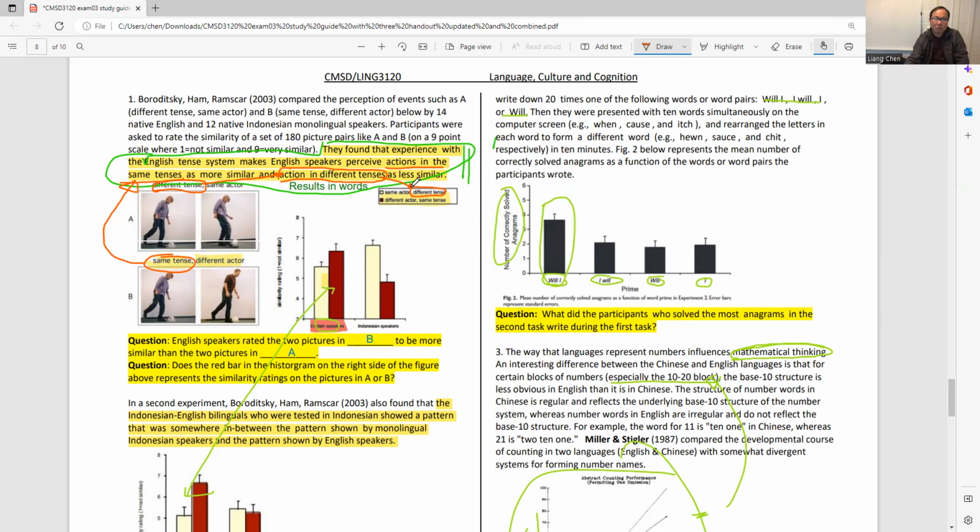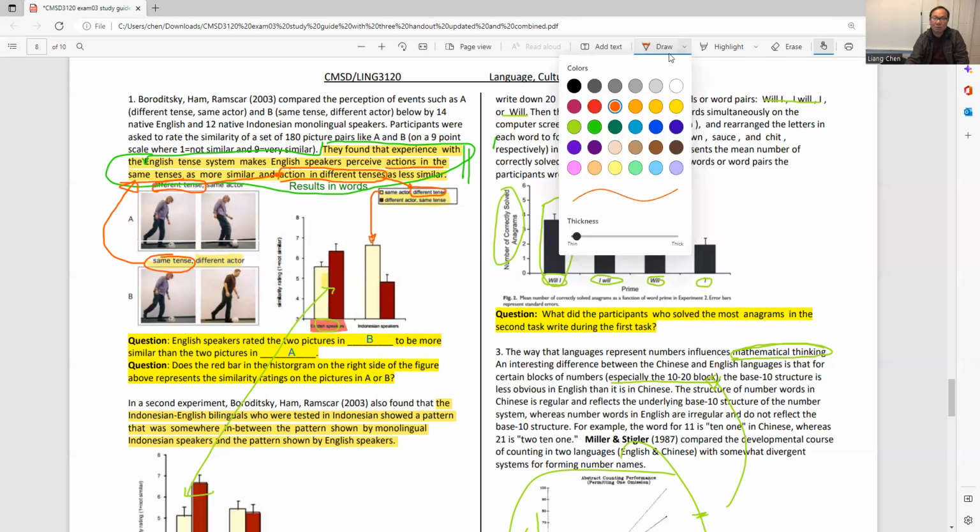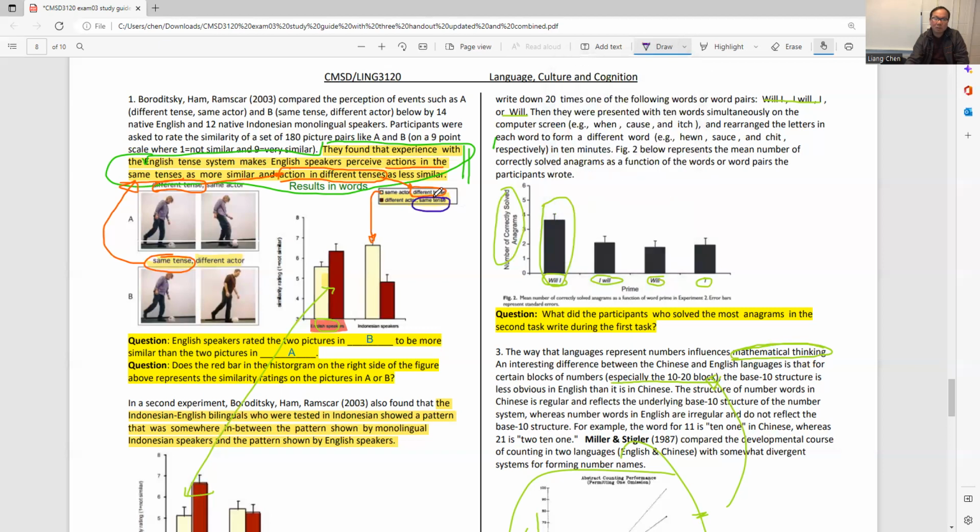Different tense refers to what? So look from here. And then we have same tense here. These are the red ones. Now, of course, here we have English speakers and Indonesian speakers. Since the question is about English speakers, rated the two pictures to be more similar, which is more similar?